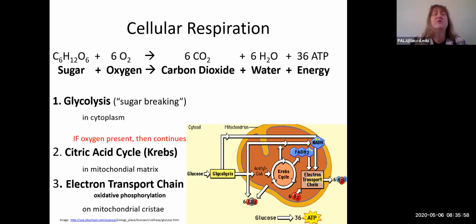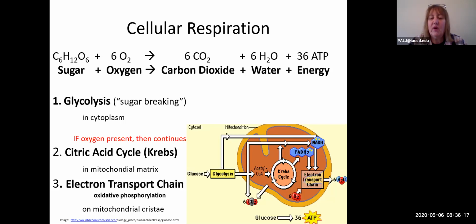So whichever word you learned is fine here as well. Now this step also takes place in the mitochondria, but not in the matrix. It takes place on those inner membranes, in between the inner and the outer membrane, so on the mitochondrial cristae.